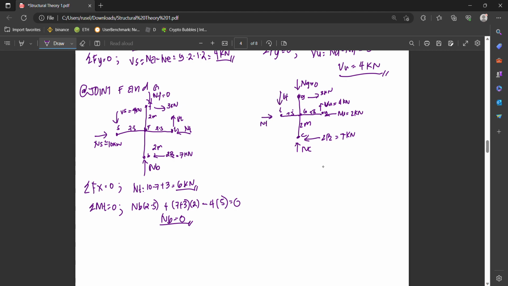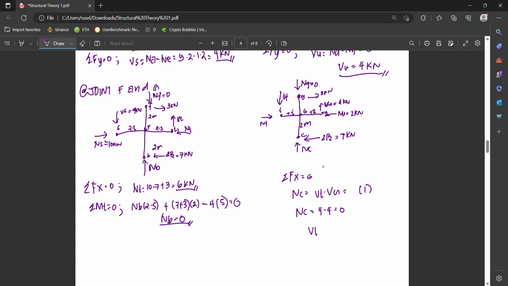NT, it is unknown. So let's solve for your summation forces at x equal to 0. Your NC is equal to Vt minus Vu. Okay, this is your equation 1. So NC is equal to 4 minus 4, this is equal to 0.